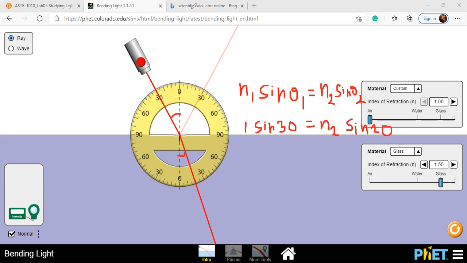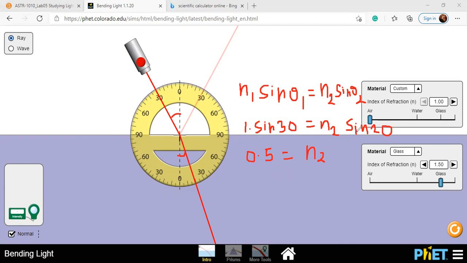Okay, look at here. What are the values of sine 30 and sine 20? So let me do on my calculator. If I put 30 and the sine, it means 0.5. 0.5 multiplied by 1 gives you 0.5. I'm just directly writing this one. You can do the calculation, right? This is the refractive index I need to know, which is N2, and sine 20.